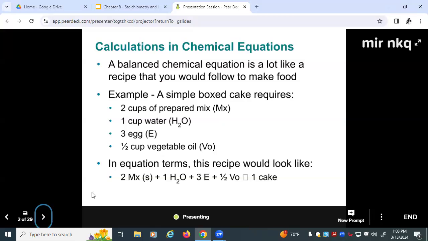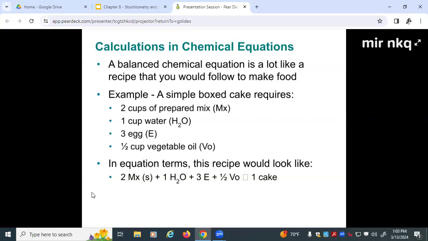So what I want you to think about is when we start to do these calculations with chemical equations, these calculations and this setup is a lot like a recipe.